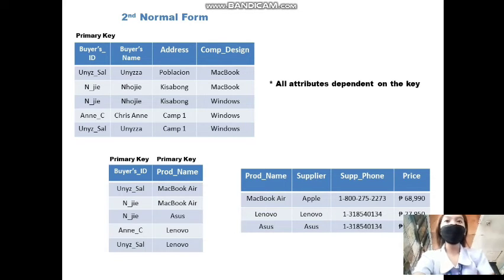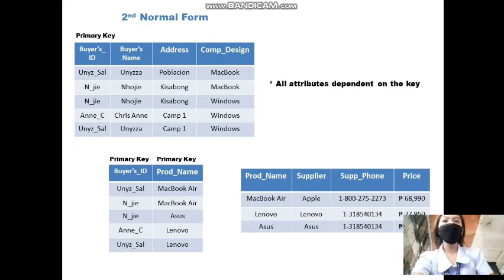So we divide this table in order to identify the primary key of the product. If we are not going to create another table, it is confusing because we cannot identify the buyer's name if there is no dependency on the supplier's phone number and the price. So we can use the two primary keys.